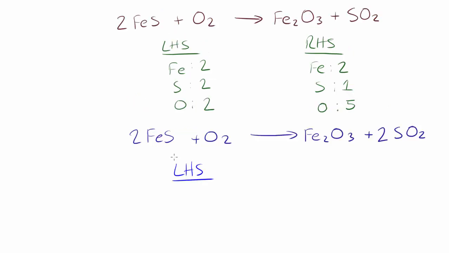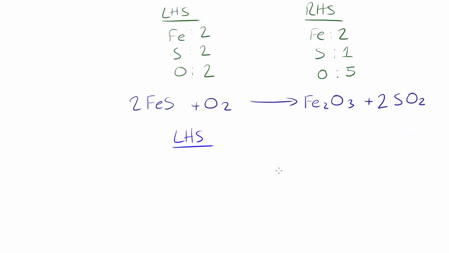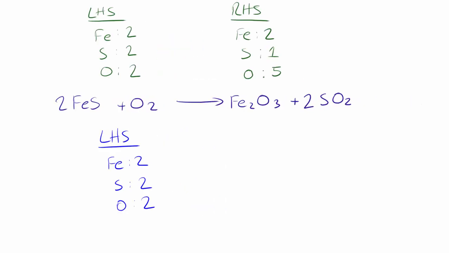If you look, it's the same as what we had earlier on. We didn't modify anything. So for that aspect, the left hand side is going to be the same. It's going to be just Fe 2, S 2, O 2. Okay, nothing changes on that side for now.